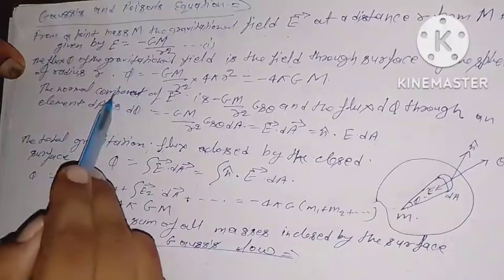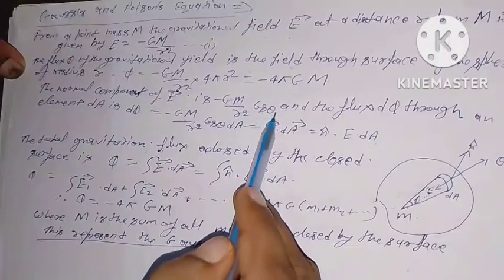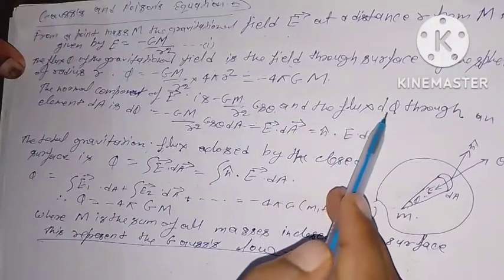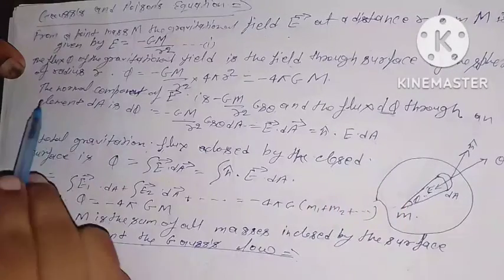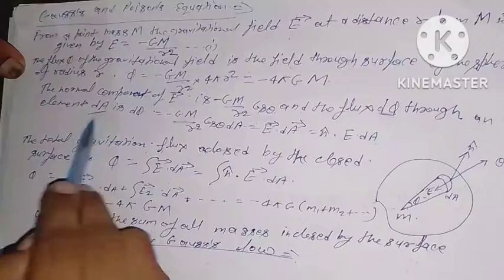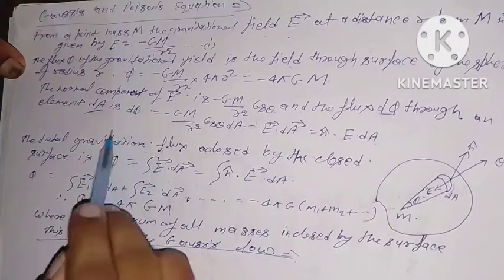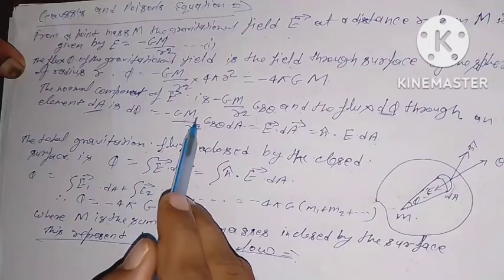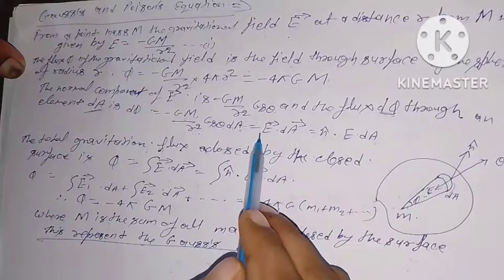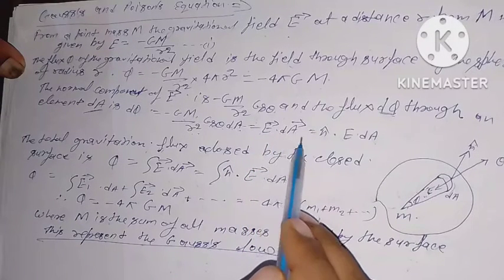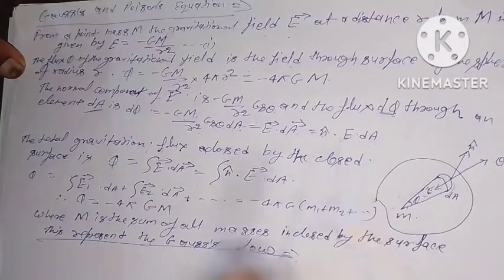So the normal component of vector E is minus Gm upon r square cos theta, and the flux d phi through an element dA is d phi equal to minus G capital M upon r square cos theta dA, equal to vector E dot dA, equal to unit vector N dot E dA.